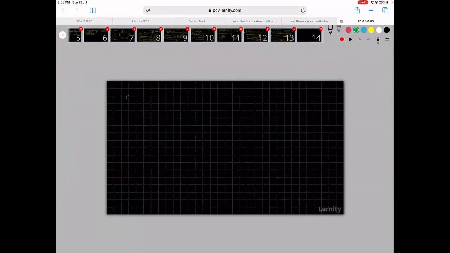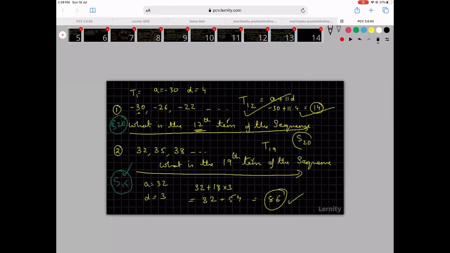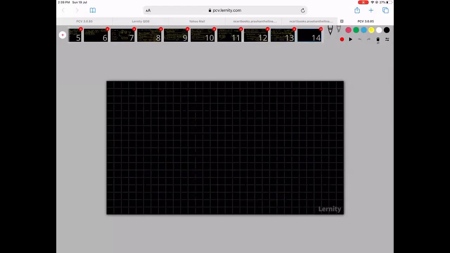So Sn is equal to n by 2 into 2a plus n minus 1 into d. For the first question, a is minus 30, d is 4. I asked you for 20 terms.